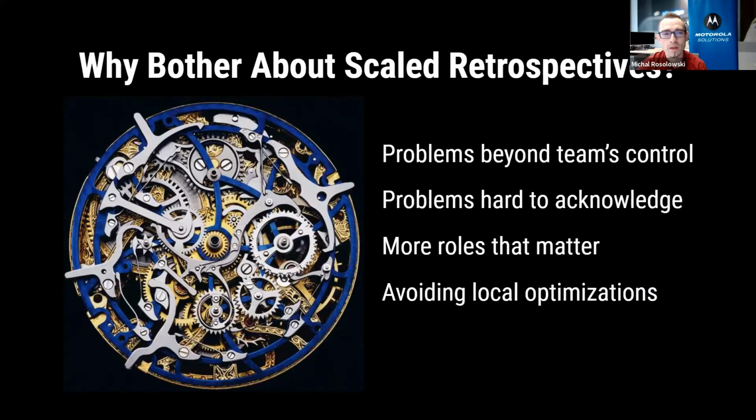Firstly, in every team, there are problems that are beyond team's control, problems that the team simply cannot fix themselves, and they need to be elevated. Secondly, some problems in the organization are hard to acknowledge. That is, they have to be reported by several people or several teams in order for the stakeholders or management to finally acknowledge that they exist.